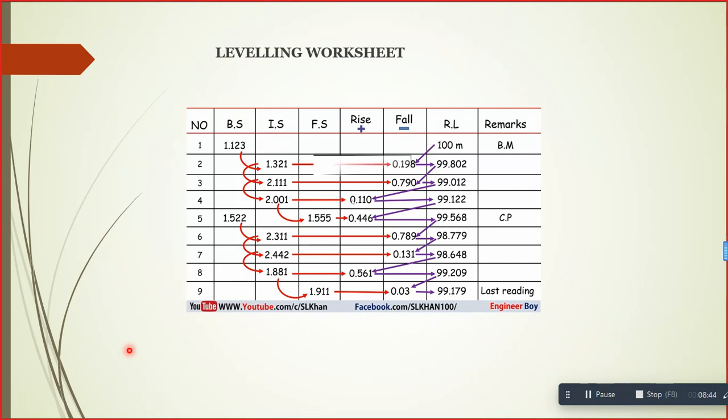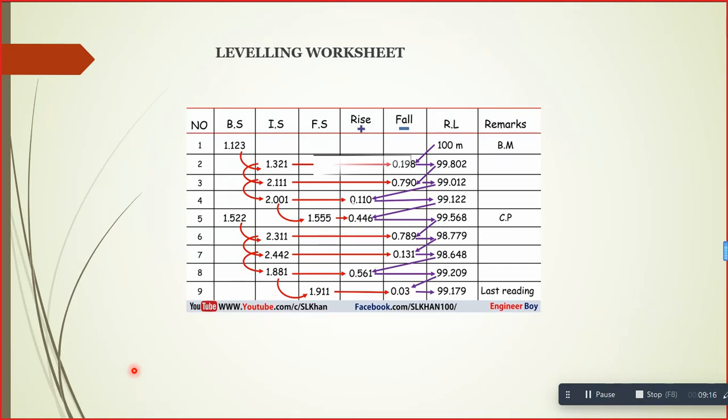When it is a negative, you record it under fall, and when it is a positive, you record it under rise. The table has already been done, so you will follow keenly and check on the values at your free time.